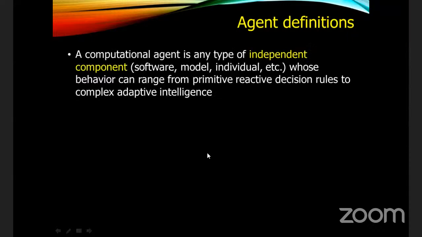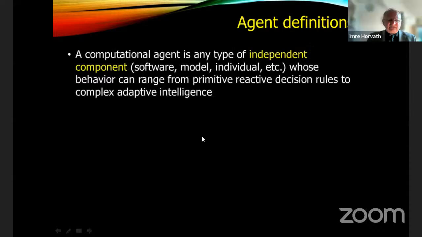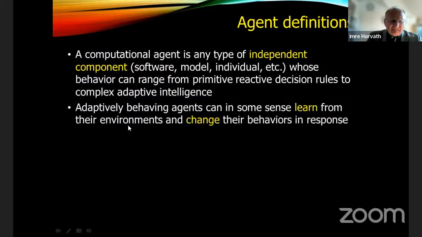So we have various agent definitions. For instance, the one which says that a computational agent is any type of independent component, software, model, individual, and so on, whose behavior can range from primitive reactive decision rules to complex adaptive intelligence.